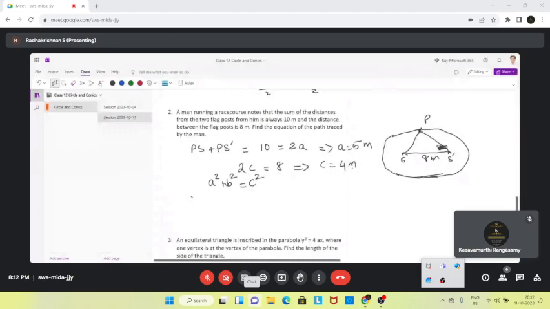So the major axis is the bigger one here, the biggest of the three. A square will be equal to B square plus C square. So B square is A square minus C square. So we get B equal to 3.